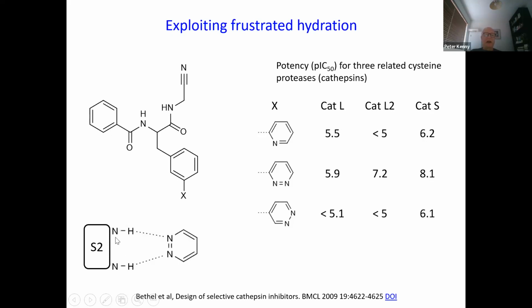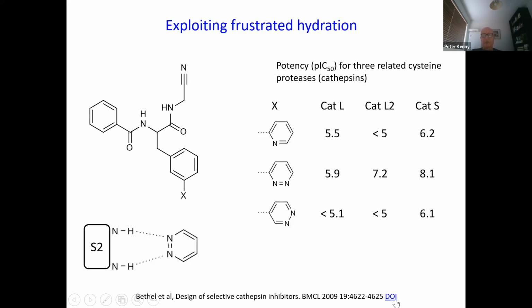Now, what this means is down in the S2 subsite, we've got these two exposed hydrogen bond donors, and we get something pretty much like the last slide, although I've done the last slide for 1,8-naphthyridine rather than pyridazine. It's described here.